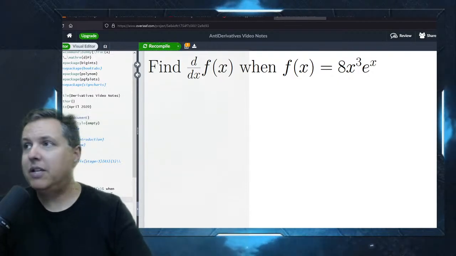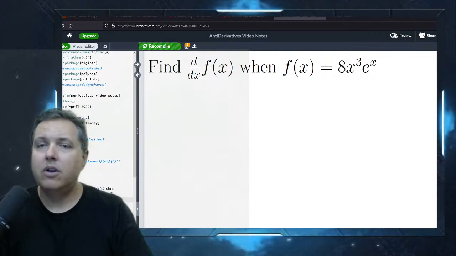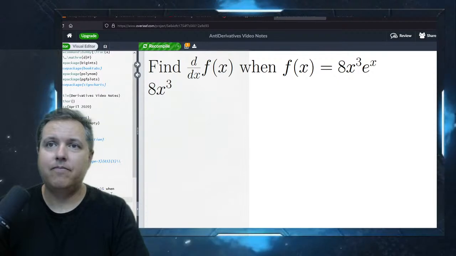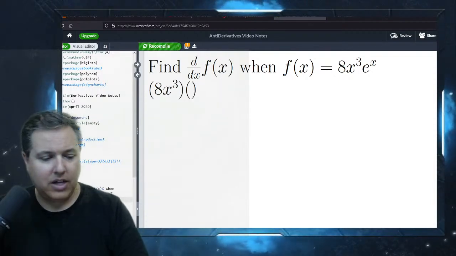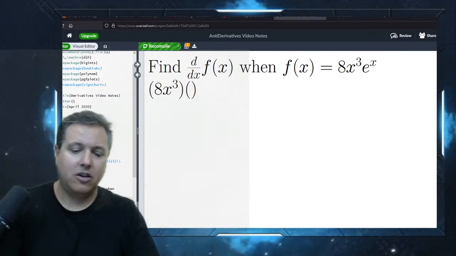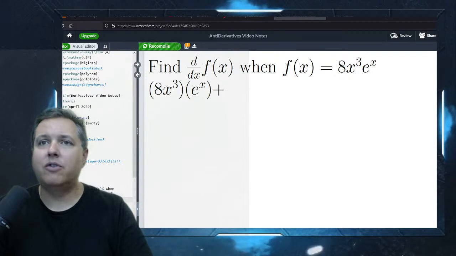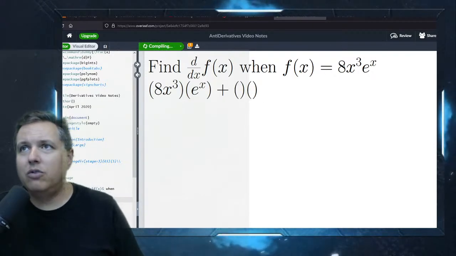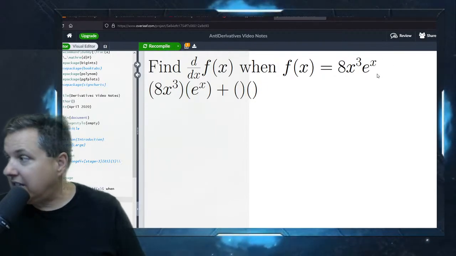Okay, so if we leave the first piece alone, we get 8x cubed. Let's put it in parentheses. And then we leave the second piece alone, e to the x, plus, now we're going to take the first piece left alone times the derivative of e to the x, but the derivative of e to the x is e to the x, right?